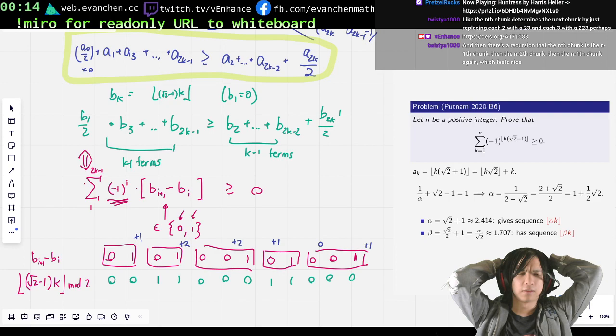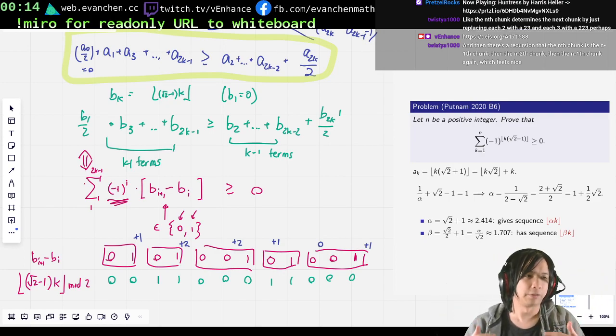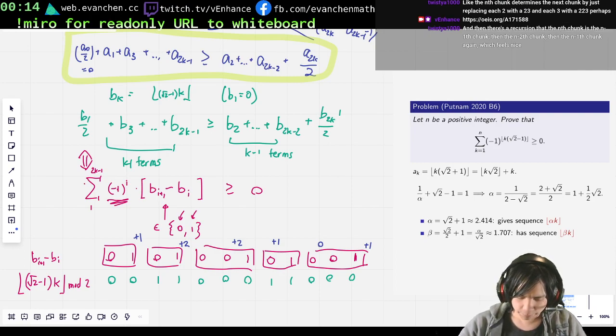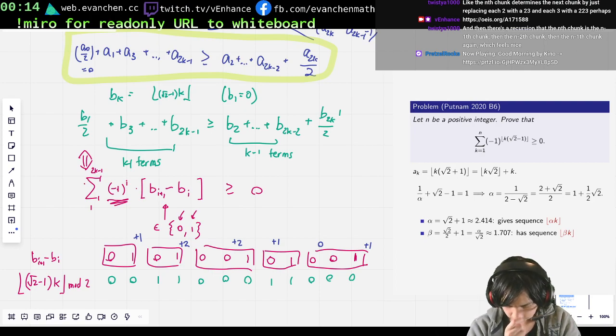I want to explicitly get the BI statement. I want the green thing to tell me something about the red thing. I want the fact that this thing is non-negative to tell me something about the thing above it being non-negative. And I don't see how to force a second connection. But I feel like I should just be able to do it.